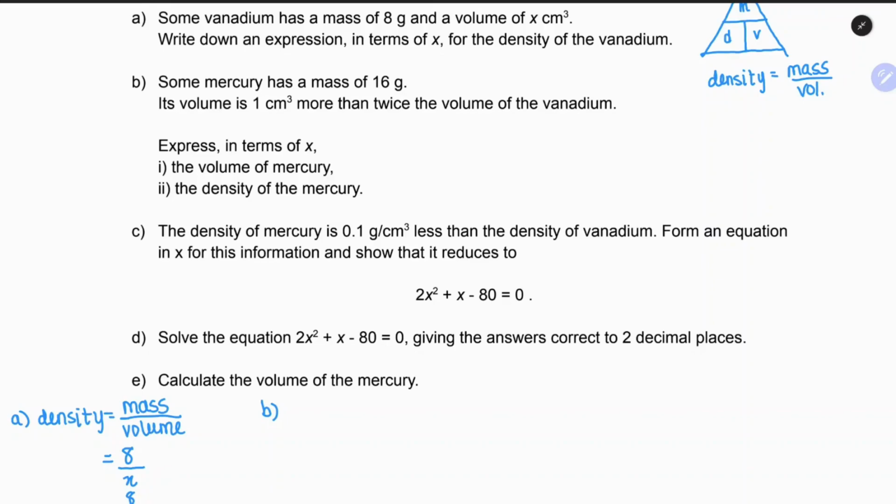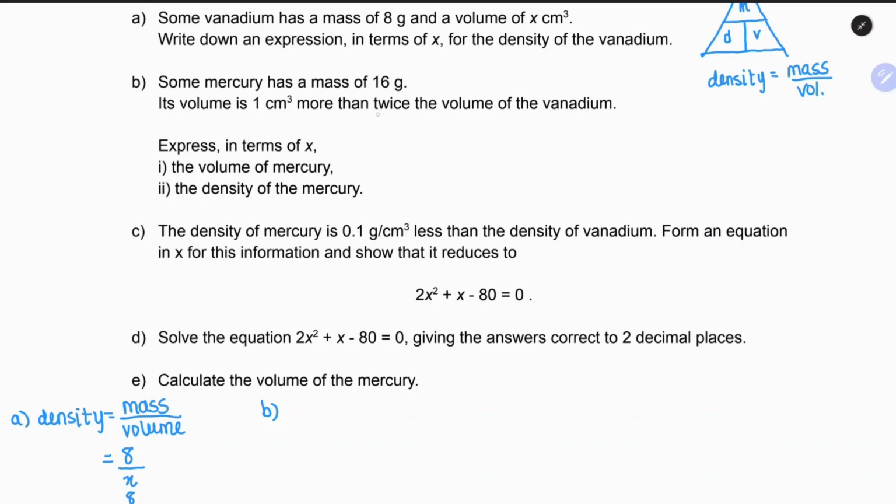So what are we gonna do for this one? It wants the volume of mercury. So we already know that it says that the volume is 1 cubic centimeter more than twice the volume of vanadium. So the volume of vanadium is x.